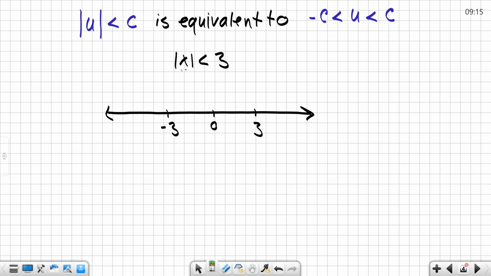All of those numbers, if I plug them in for x, will be a solution. The absolute value of 0 is 0, which is smaller than 3. Even if I pick a negative 1, the absolute value of negative 1 is positive 1. This is exactly 1 away from 0, so it is also a solution.